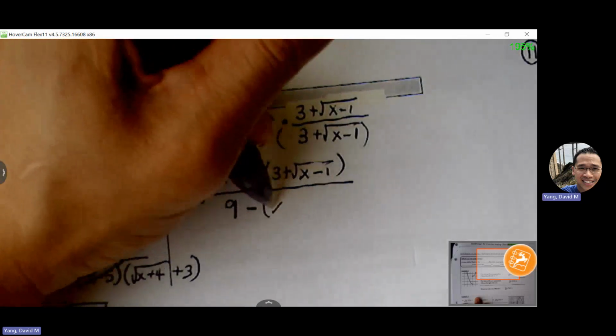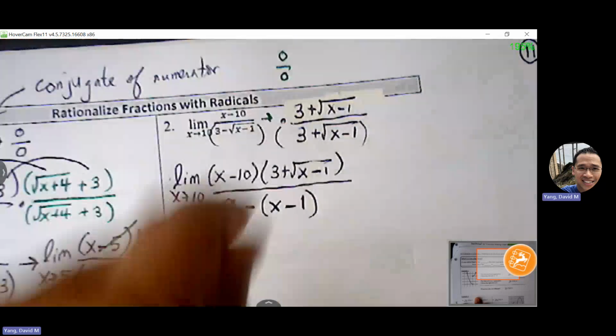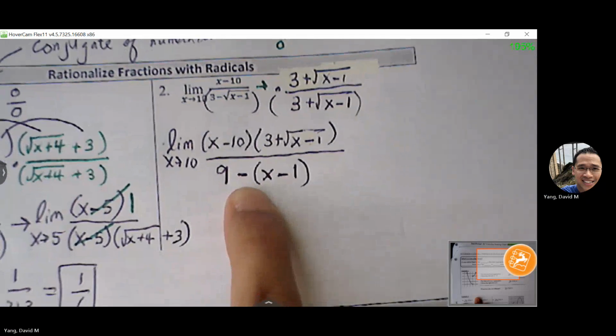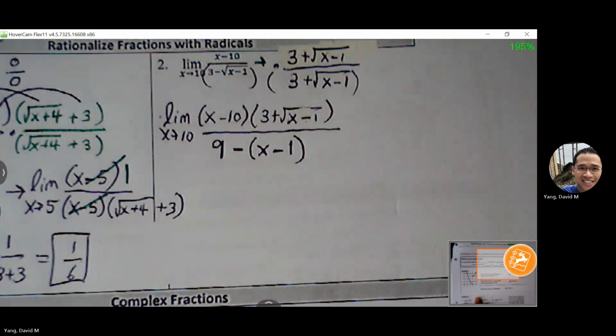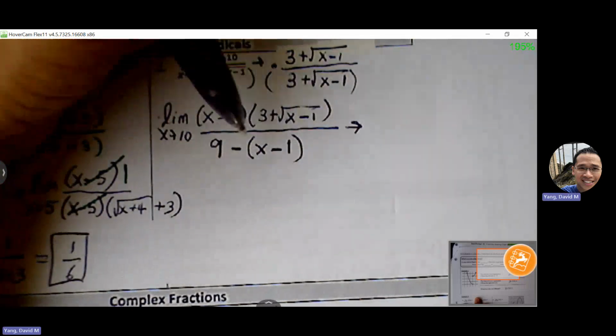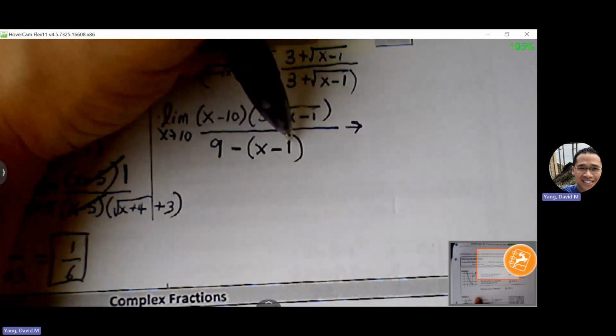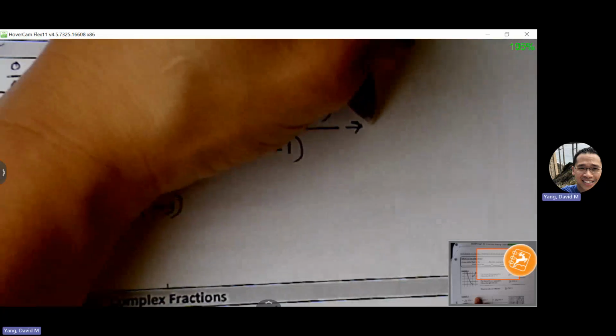We have to remind ourselves that the negative is going to have to distribute through. So that's a little bit hidden, right? We've got to just be careful about that. Nine minus x minus 1 becomes 9 minus x plus 1, which is 10 minus x.